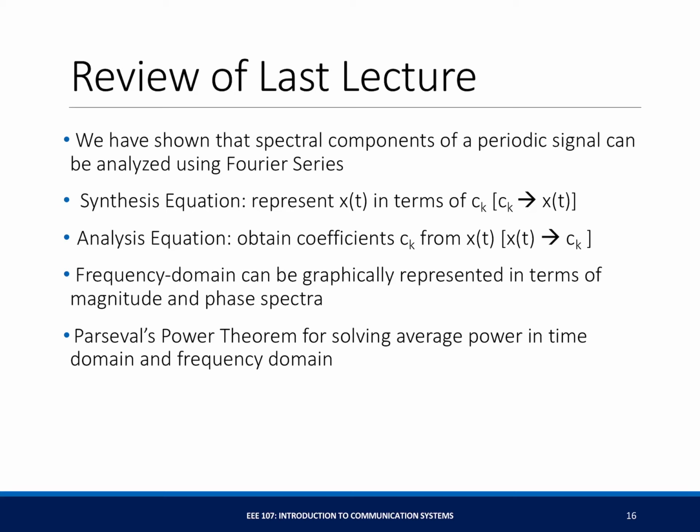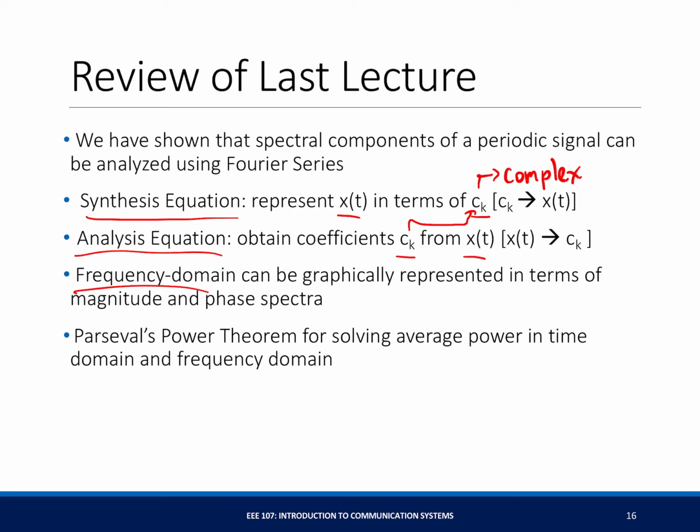So just a review of the previous lecture. We use the synthesis equation to represent any periodic signal in terms of its complex weights. These are the weights of the sinusoid depending on their frequency. The analysis equation is used to obtain these complex weights, given your periodic signal.